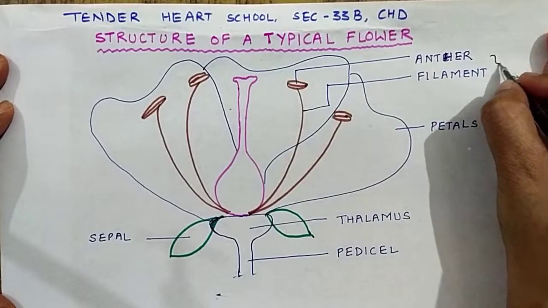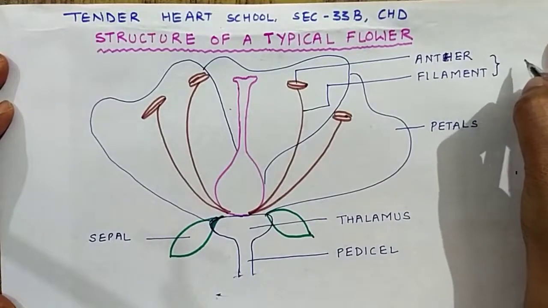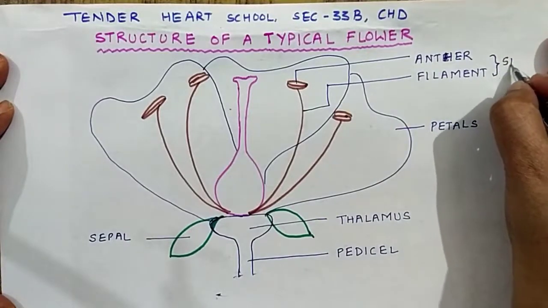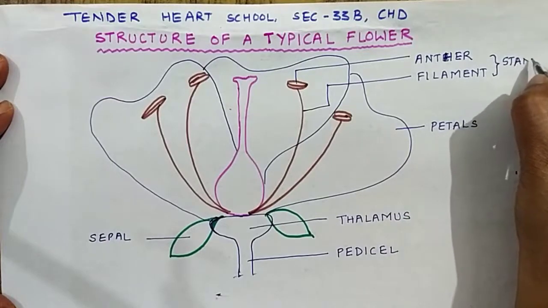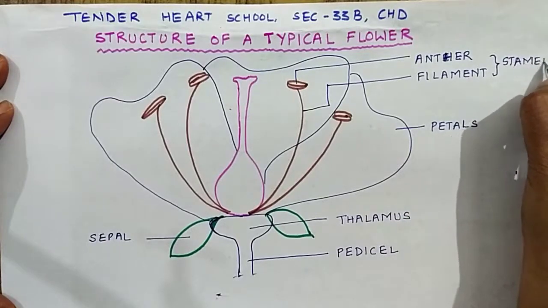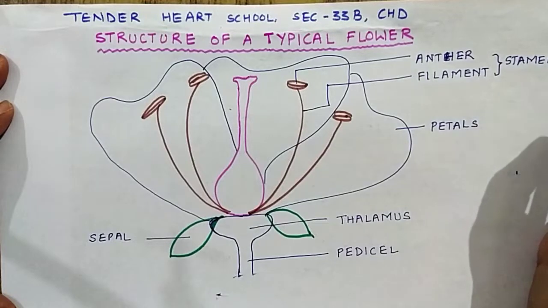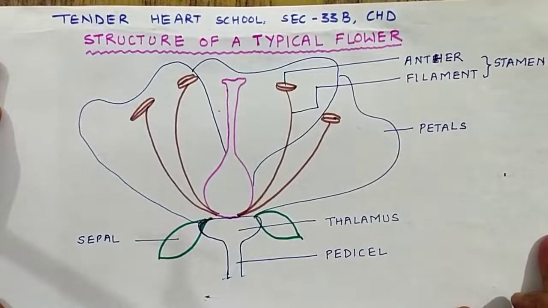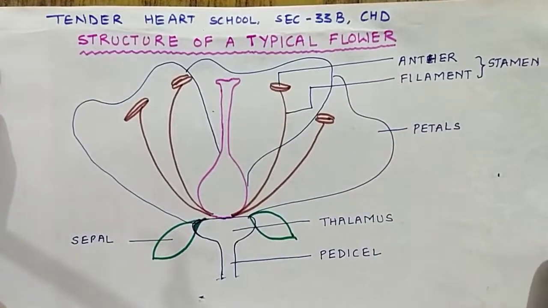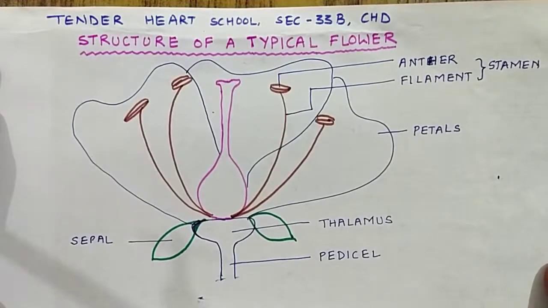Anther and filament, both of these together, are forming the stamen.